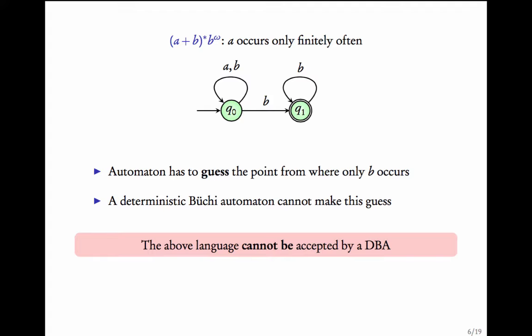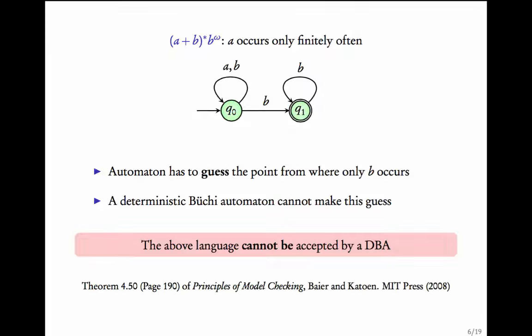It turns out that this language cannot be accepted by any deterministic Büchi automaton, in the sense that you cannot construct a DBA for this language. I have given you just the intuition. A proper proof of this statement can be found in the book on page 190.